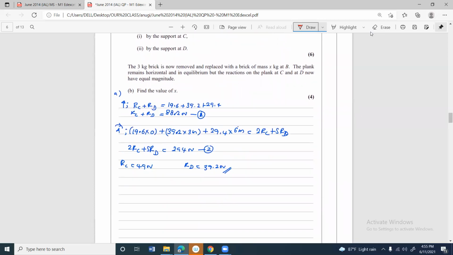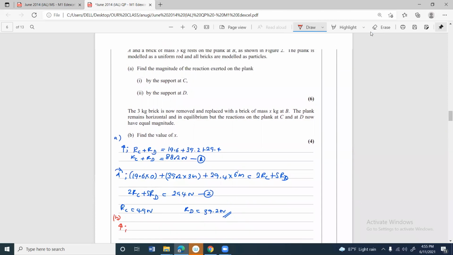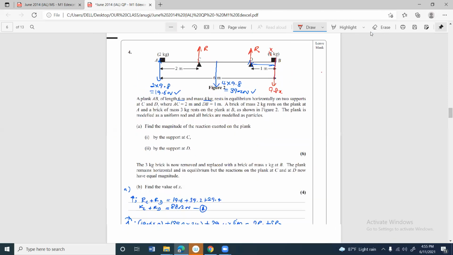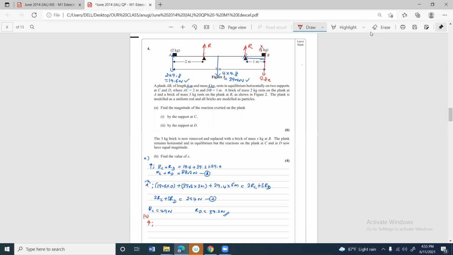Again, we will consider upwards equilibrium. Upwards forces equal downwards forces. Upwards forces are R plus R, 2R, which equals the downward forces: 19.6 plus 39.2 plus 9.8x. This is my first equation.